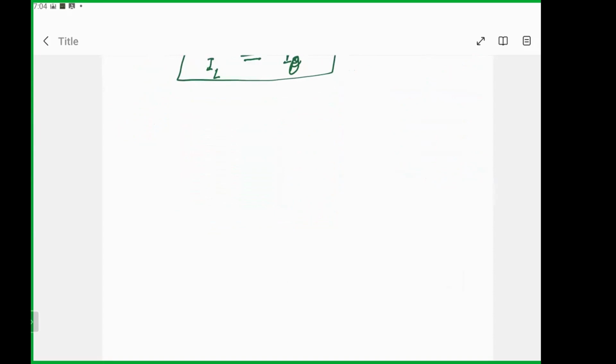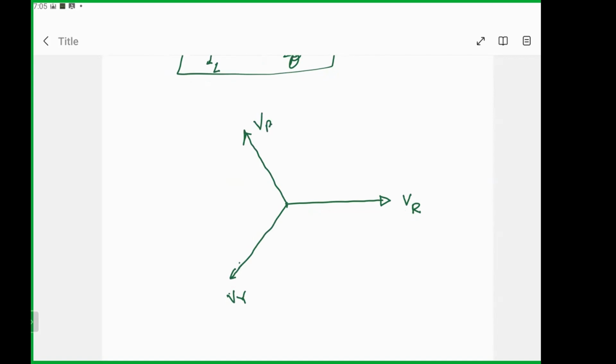As we know, the voltages that we are generating are 120 degrees apart. So I can consider this is my line R, then my Y will be in this direction, Vy, and this one is Vb.